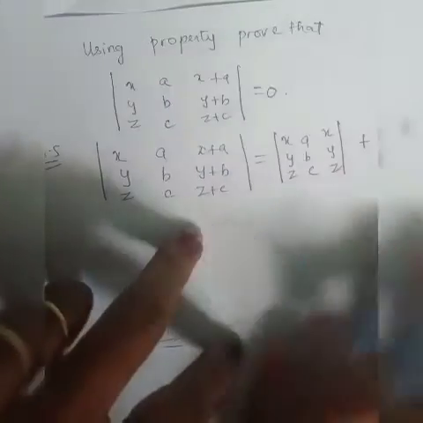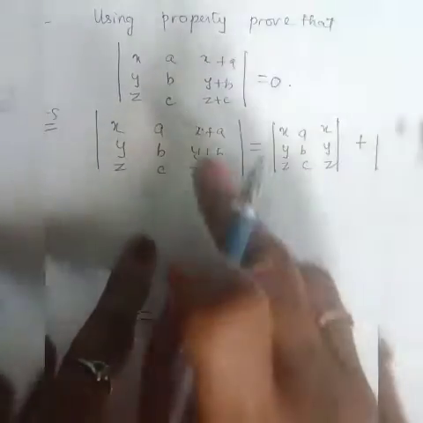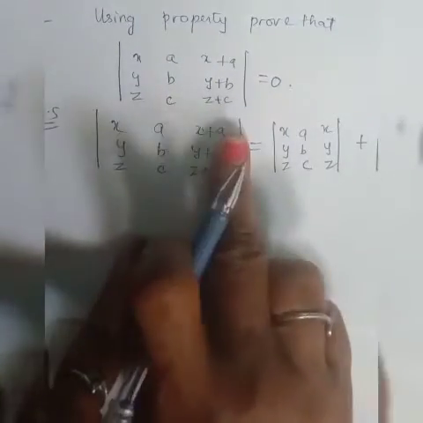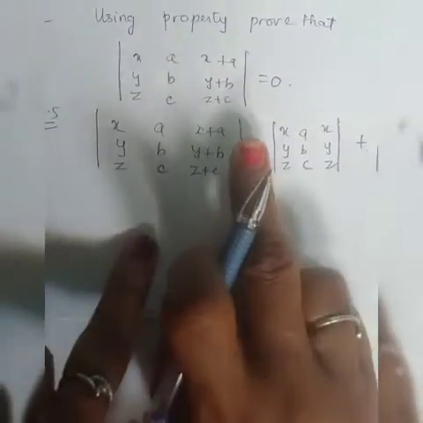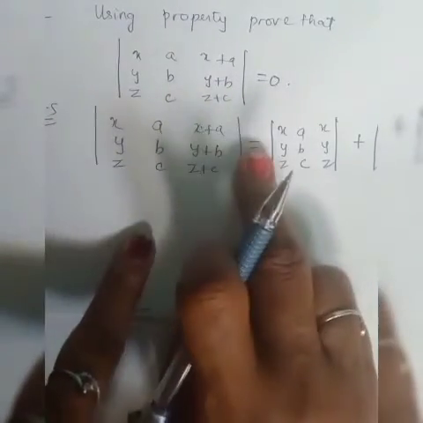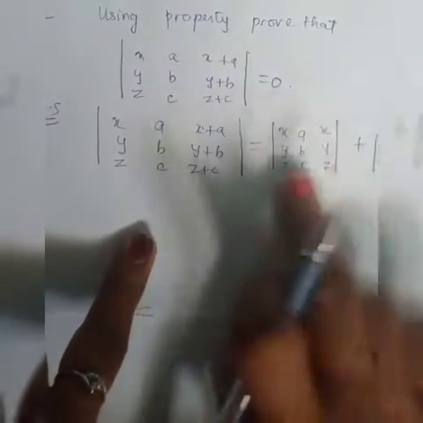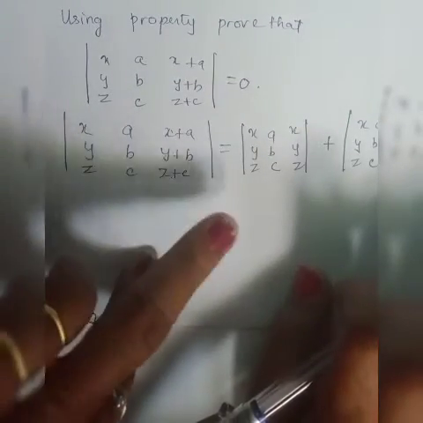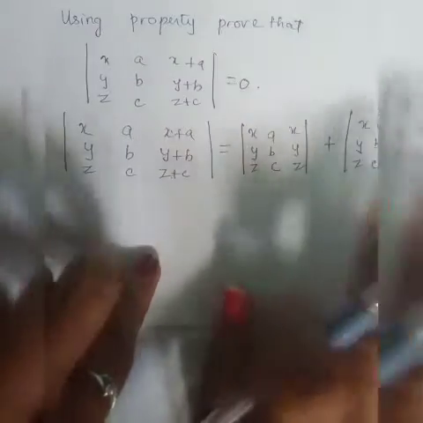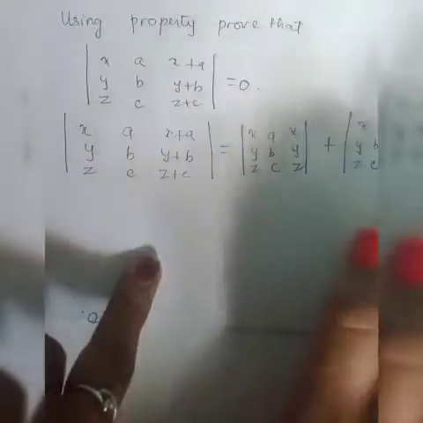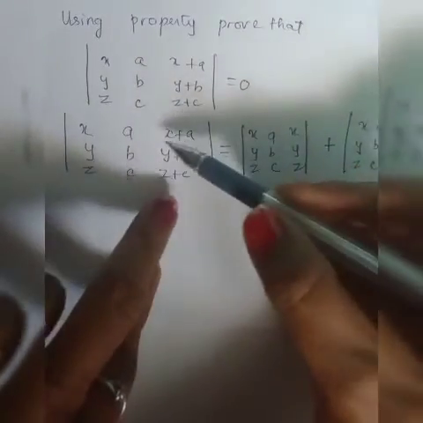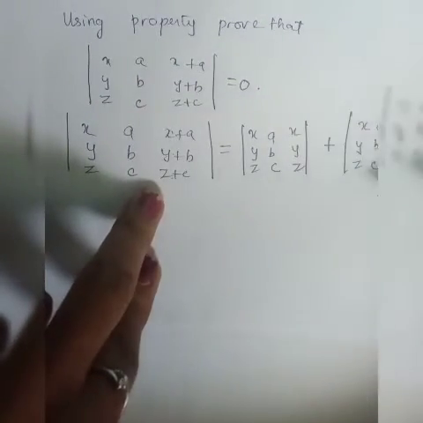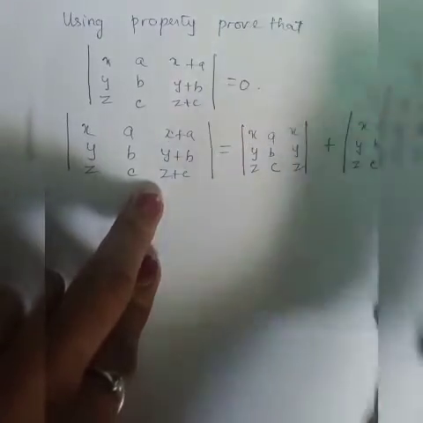Here I am using the property that if every element in any column or row is expressed as a sum, then the determinant can be expressed as the sum of two determinants of the same order with the elements of the remaining rows or columns being the same. That is, I am writing C1, C2 as they are in the two determinants, but column C3 I am splitting.